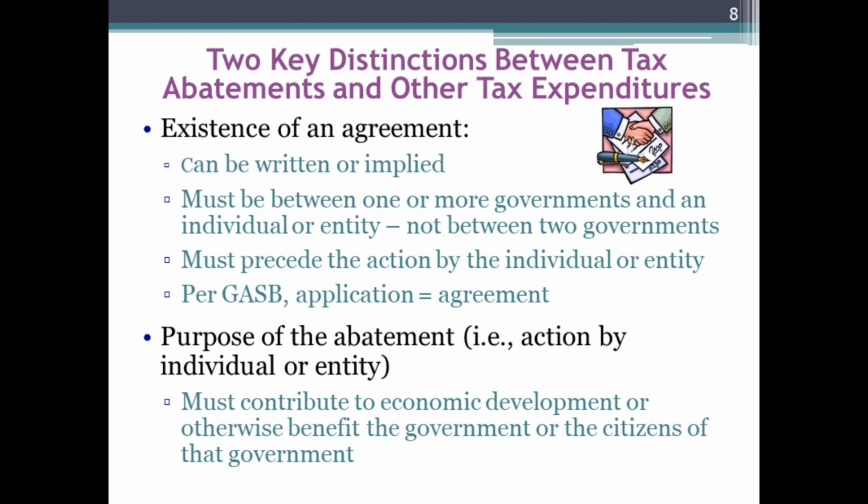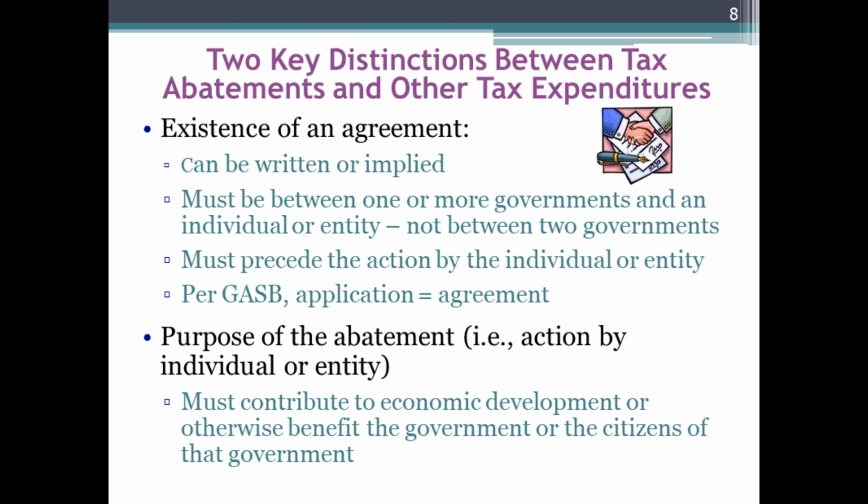This statement doesn't cover those types of tax expenditures. It's keying strictly in on tax abatements, and with a tax abatement, some things have to be in place, and that is the agreement.